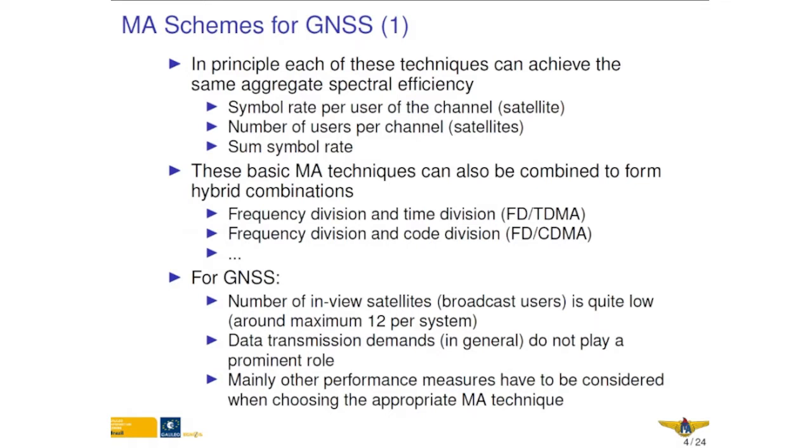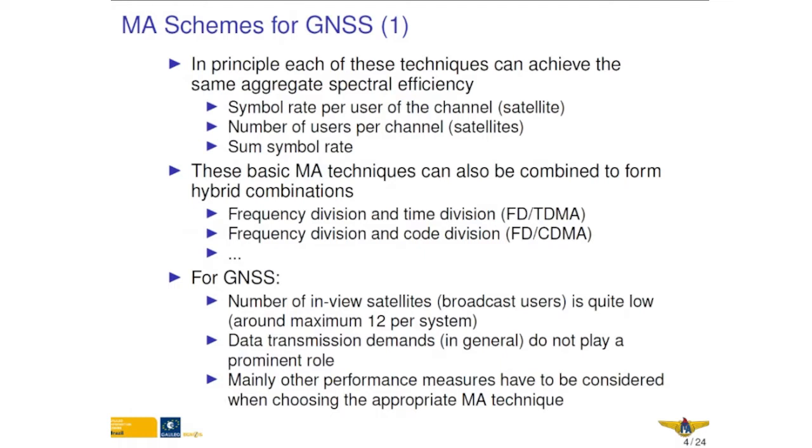Data transmission demands in general do not play a prominent role. We don't need to stream videos from our GNSS signal. The data that we have to receive from the satellite to perform positioning is not a lot of data, and the data rate in general can be slow because we are receiving the data with corrections and propagation information. Mainly other performance measures have to be considered when choosing the appropriate MA technique.